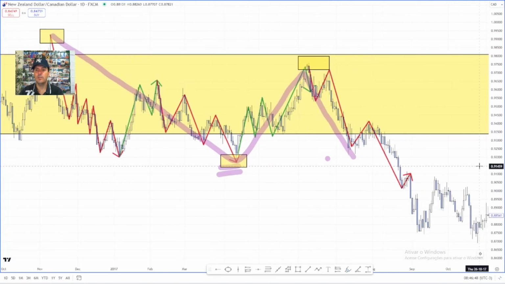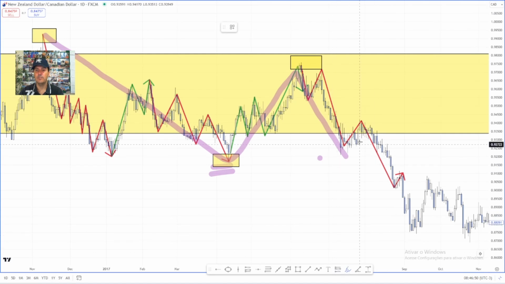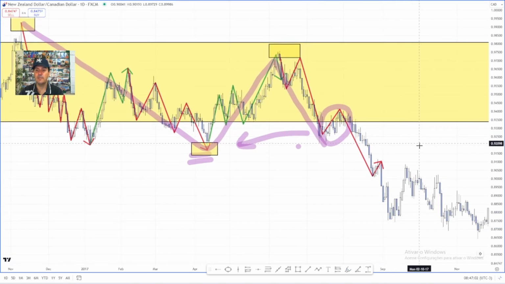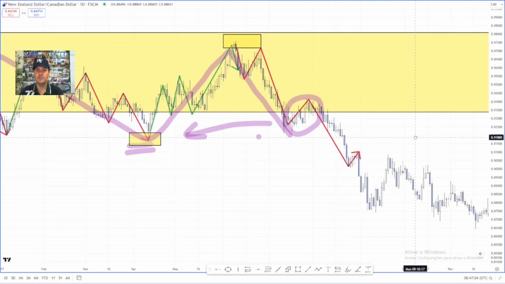And remember, we are seeing here higher highs, higher lows, but it's still above this low, so not relevant. Once the market makes an extension, all right?